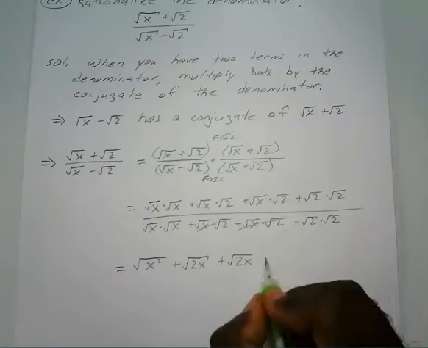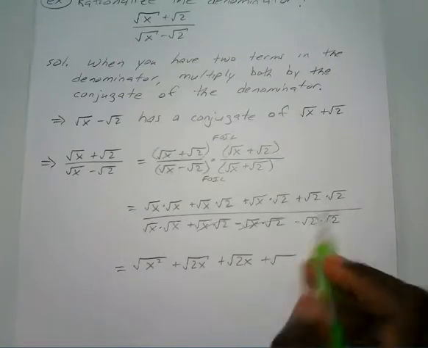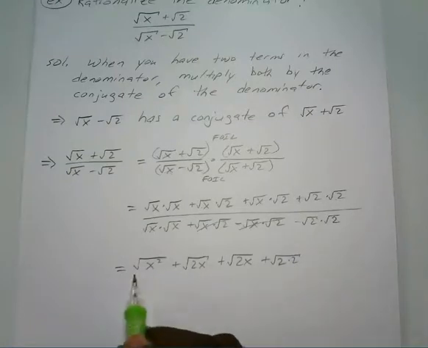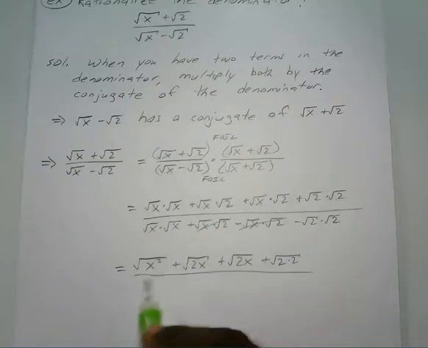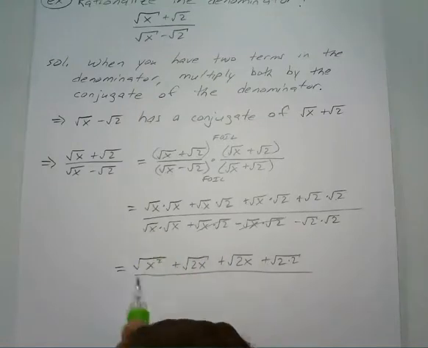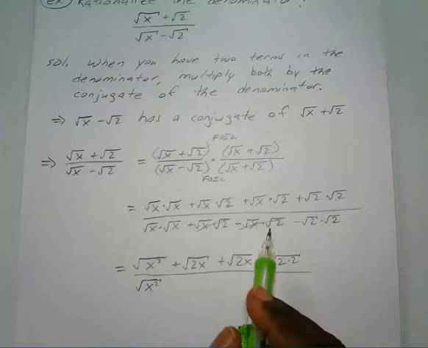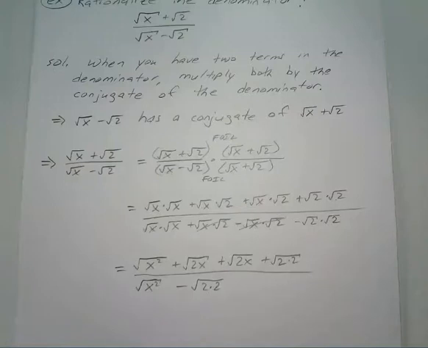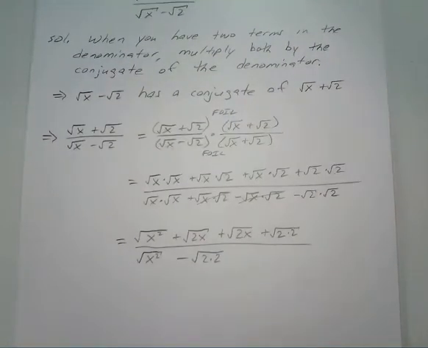And that's plus square root of 2 times 2. All over, you have square root of x times square root of x, which is, again, square root of x squared. Those two canceled out, so that's minus square root of 2 times 2. Now, of course, if you wanted, you could have jumped right ahead and gone to square root of 4 and square root of 4. I'm just doing the step by step to make sure that no one's confused.